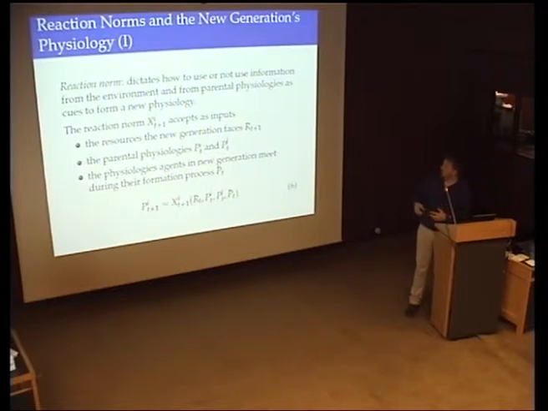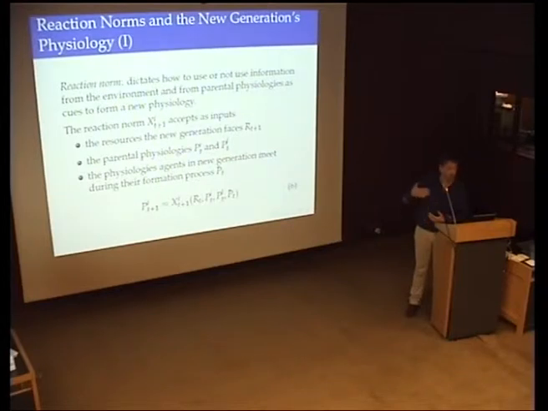In more detail, we call X the reaction norm of the next generation, and this reaction norm, so how I form my physiology, may depend on the resources of the period in which I live, meaning that I can calibrate my physiology, so that the amount of resources that I would like to ask of the society depends on the resources that already exist. I can have some influence of the parental physiology.